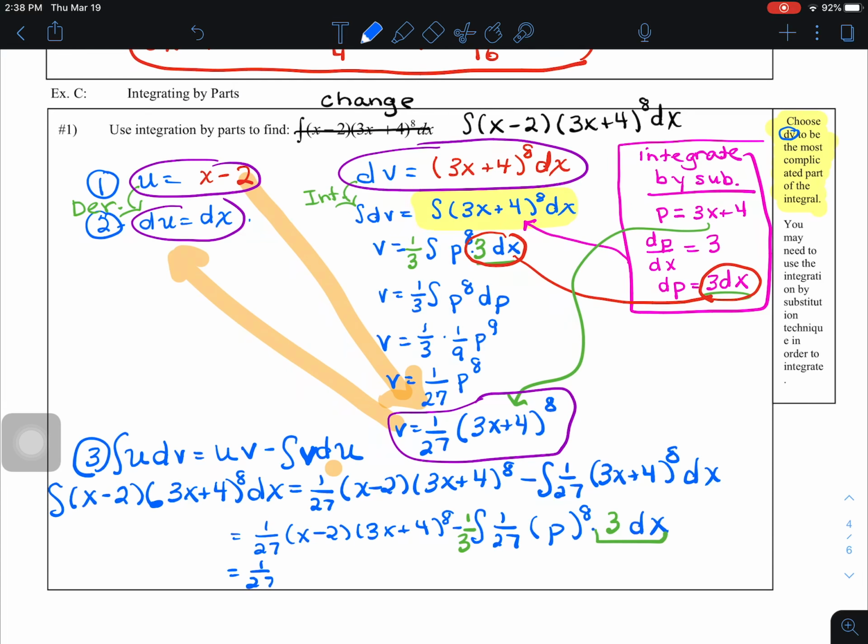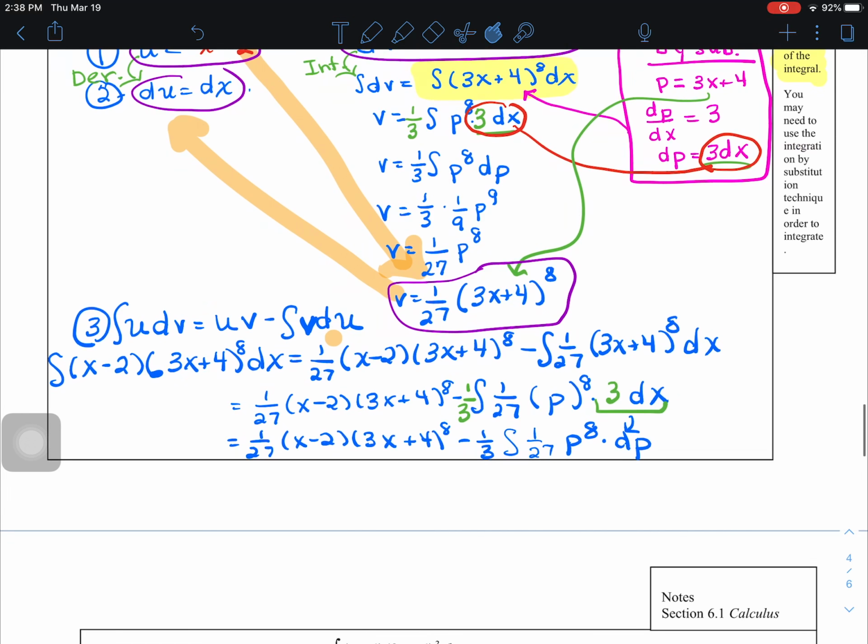I know this is like a big problem because we have to just sort of keep rewriting this. So now that gets swapped out for a dp, and I think we're good to go ahead and actually integrate this, because what we have right here is now something super easy to integrate, if we're just integrating like this p to the 8th.